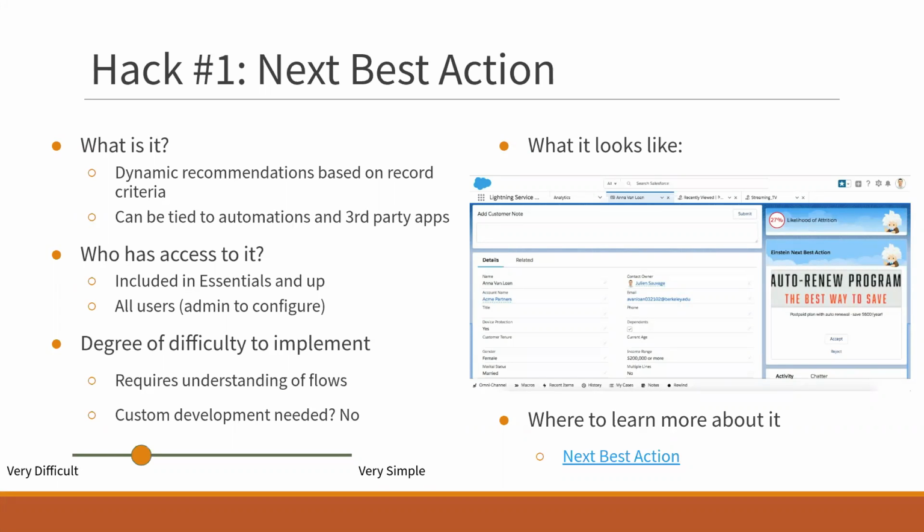And then one of the things I really like about Next Best Action is that it can be tied to third-party apps, and it can be tied to automation. It may be hard to see on the screen, but right there below that recommendation is a simple button that just says accept. If this recommendation is tied to some automation, maybe when you click that accept button, it automatically sends them a contract for renewal.